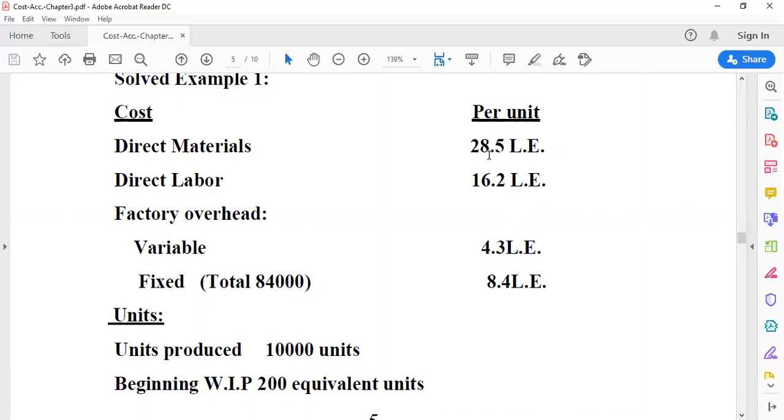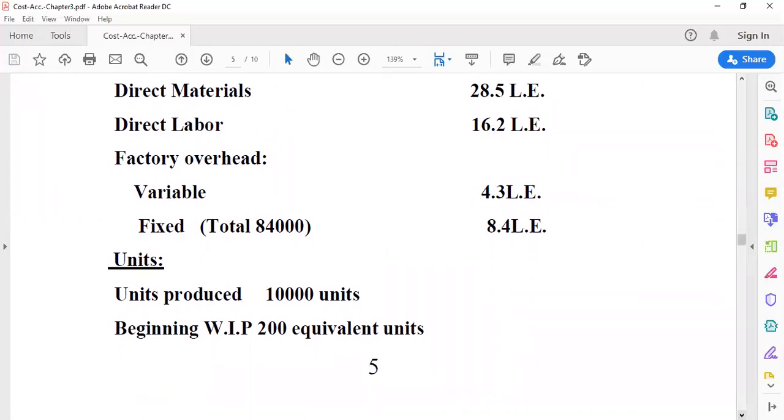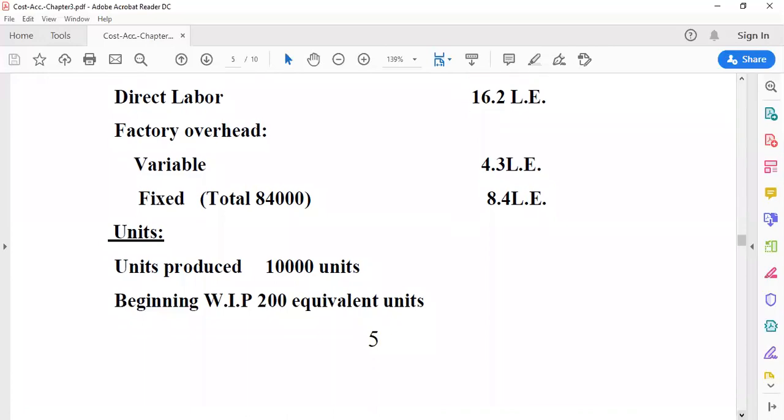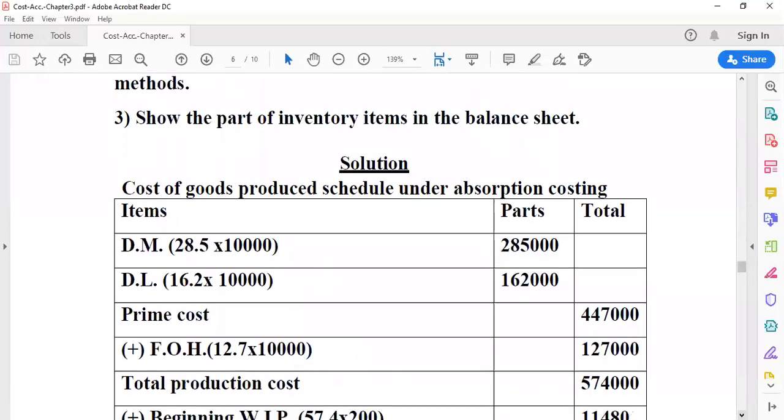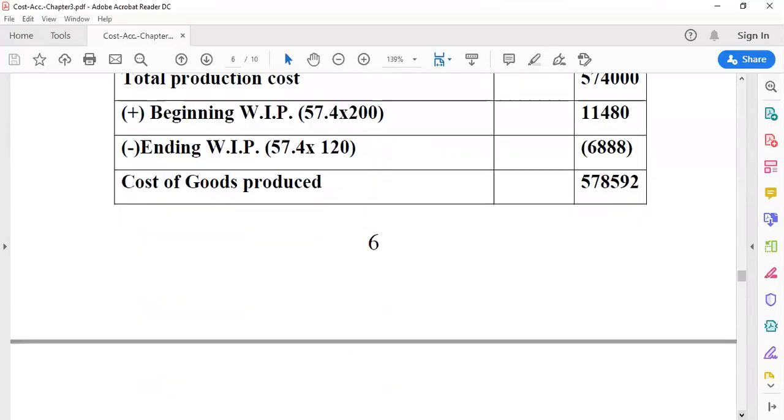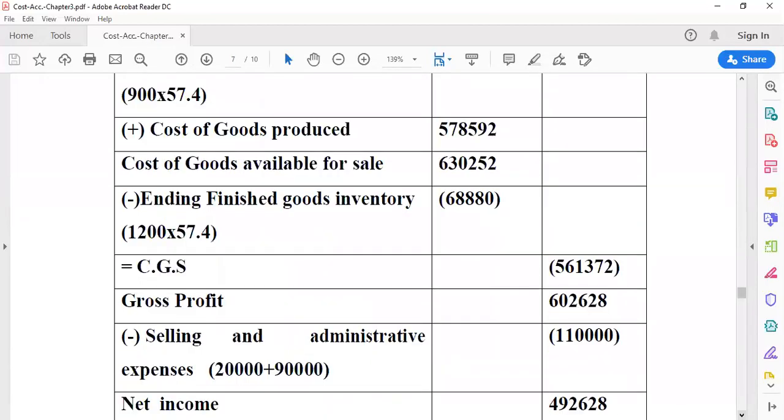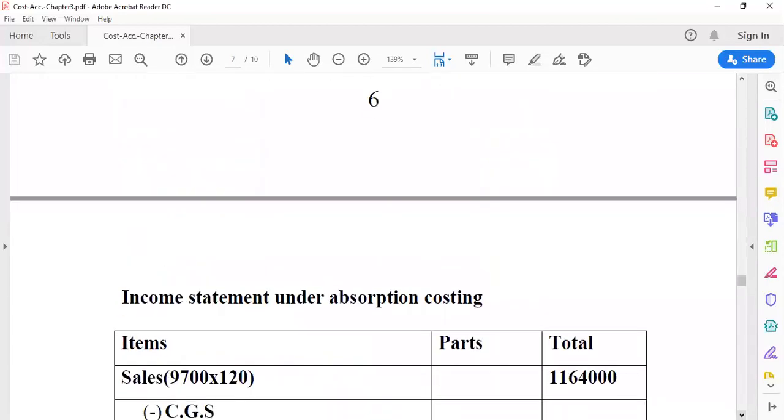So we need to add 28.5 plus 16.2 plus 4.3 to get the amount that will be multiplied by the beginning work in process and ending work in process amounts. So, to go back to our solution, it will be like that.